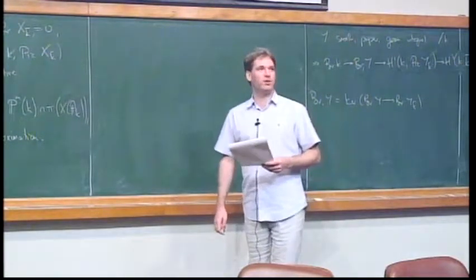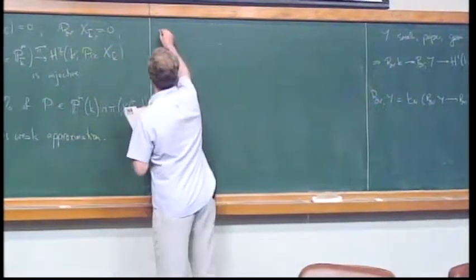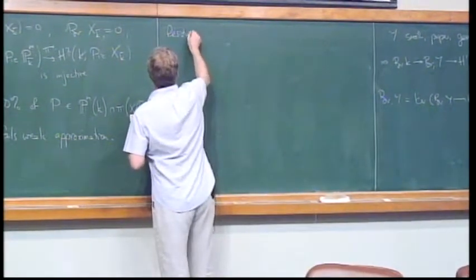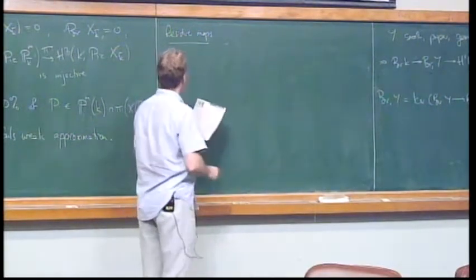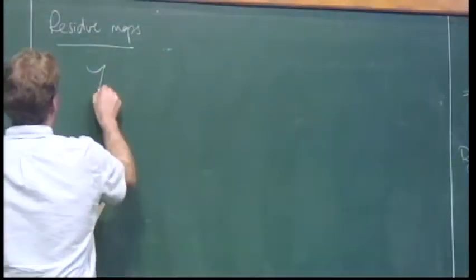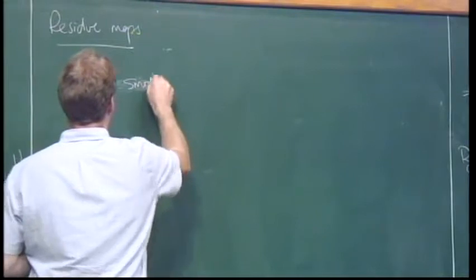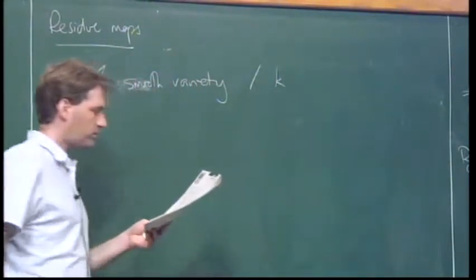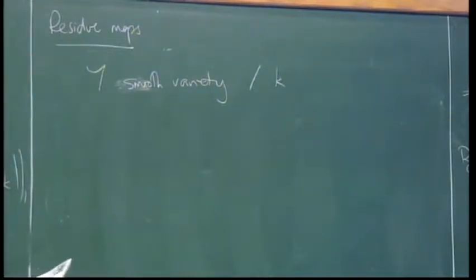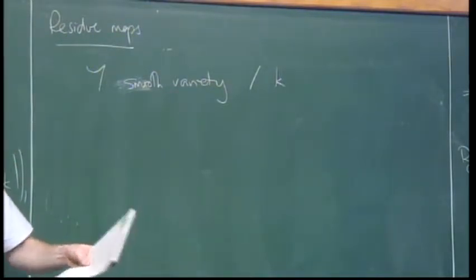Okay, I need to tell you something about residue maps in order to go through the proof of this. So let me tell you briefly something about residue maps. Let's take Y a smooth variety over K. Residue maps are a thing that let you decide, if I have an element of the Brauer group of an open set, whether it extends to the whole thing.